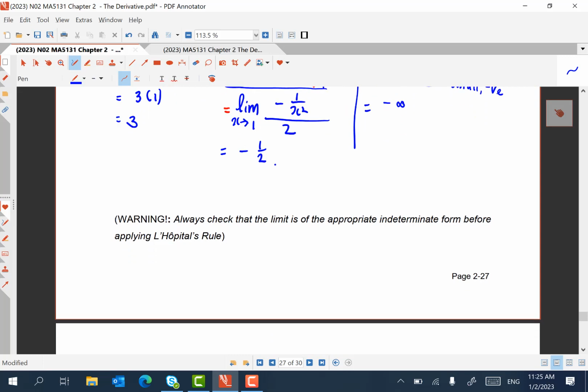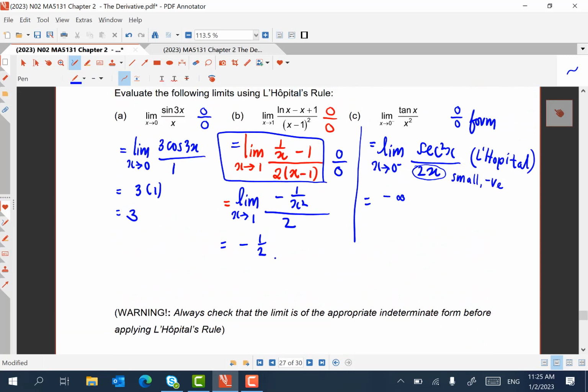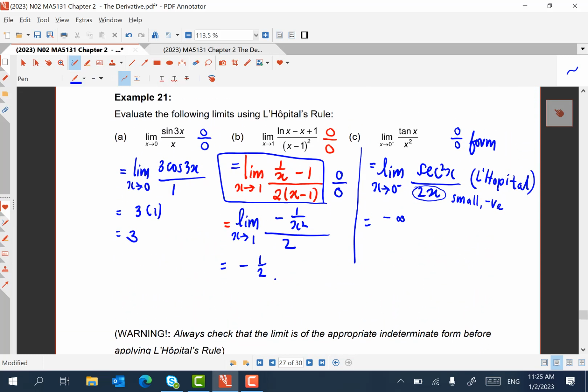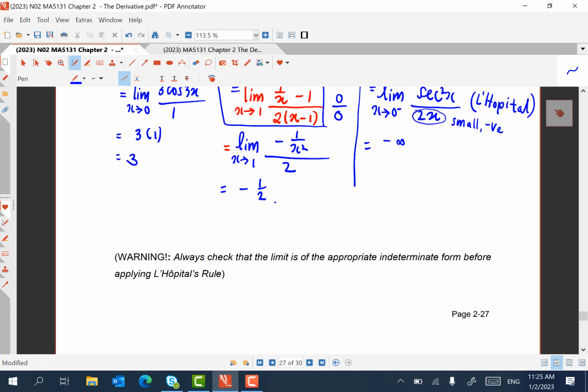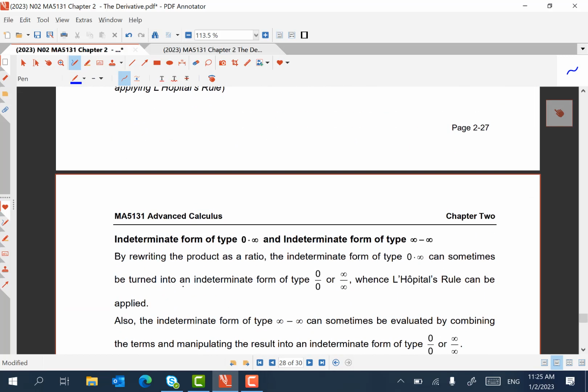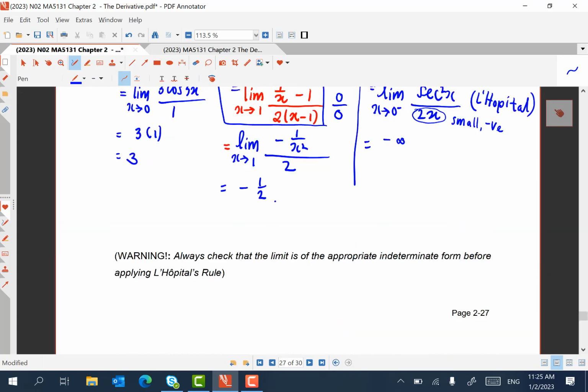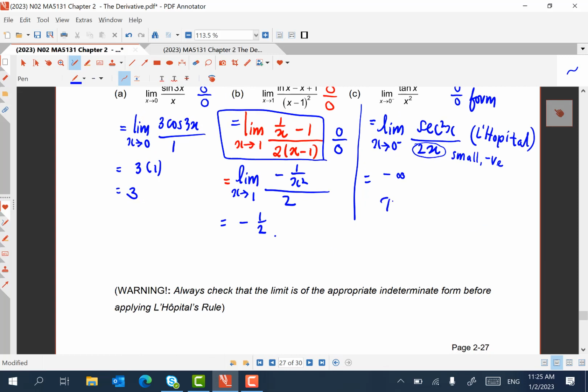So it's like a number over infinity. As long as the numerator is finite and the denominator is very small, it has to be infinite. It's more informative to say this than to say this.